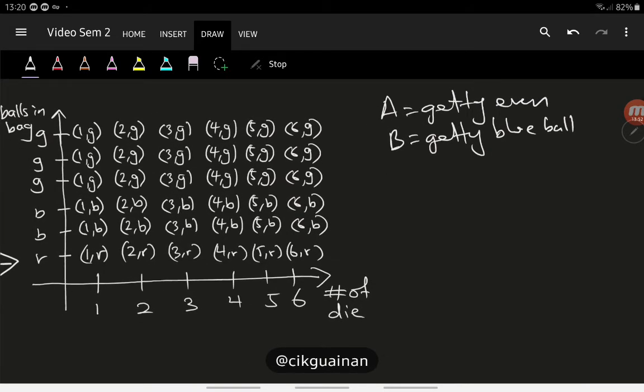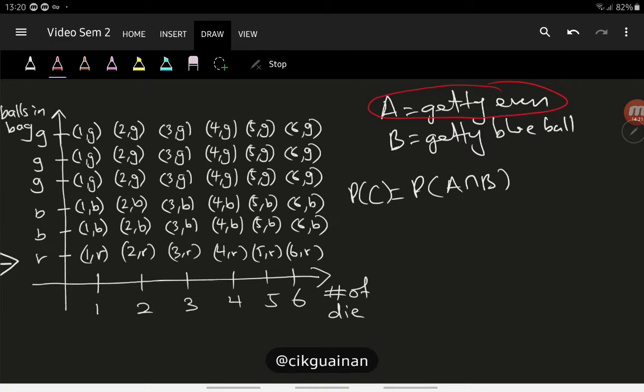Now let's consider a new event, C, which is the intersection of A and B. So how to get the probability? C is the probability of A intersect B. Maybe we circle in red the even ones.